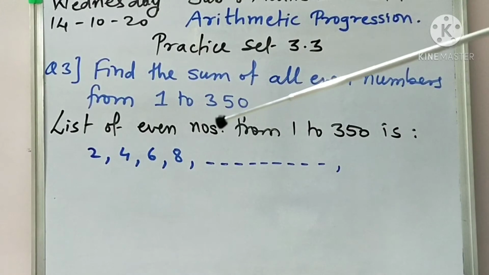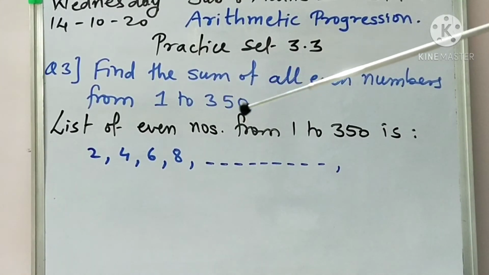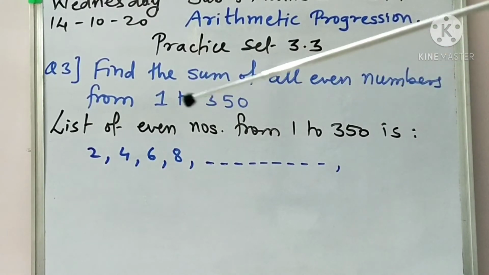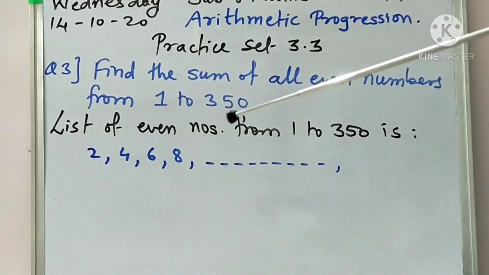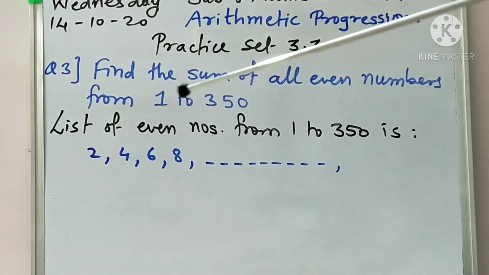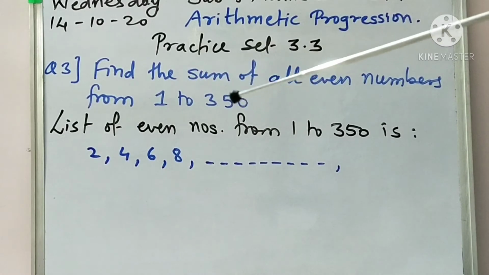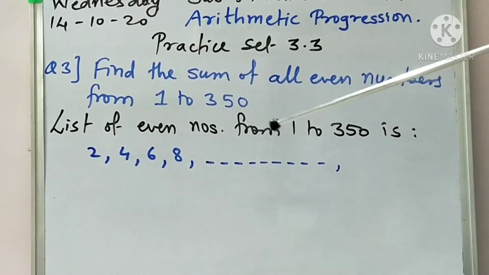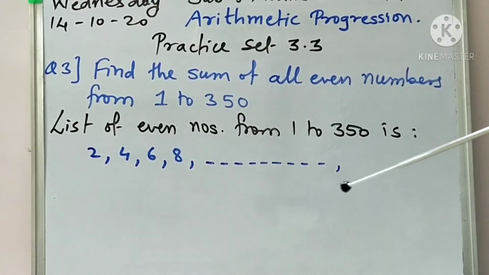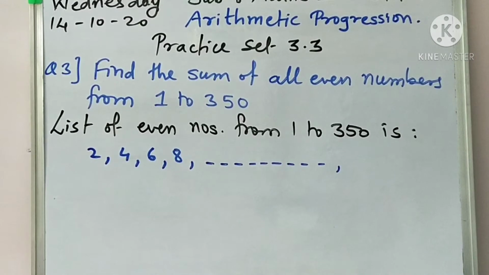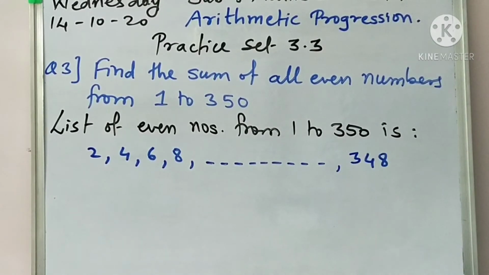But we cannot write down 350 here, because the numbers from 1 to 350 means excluding this 1 and 350. You have to take the numbers in between, leaving out 1 and 350, and hence here the list is up to 348. Understood this?